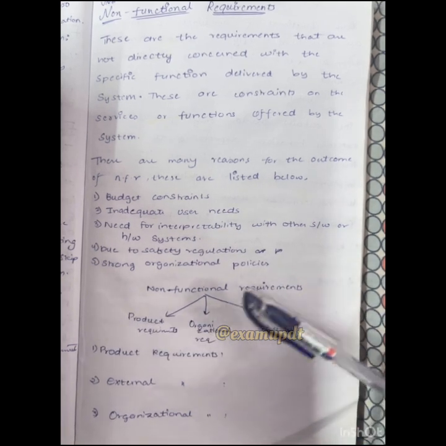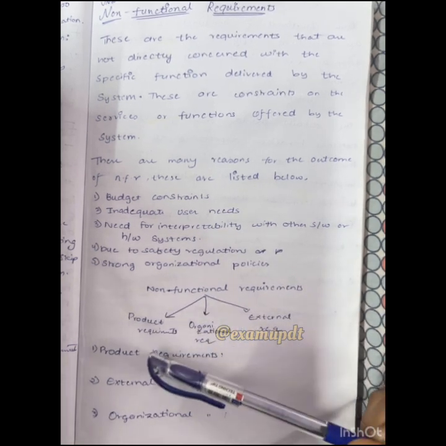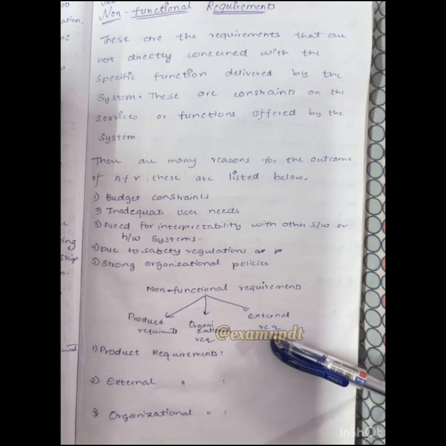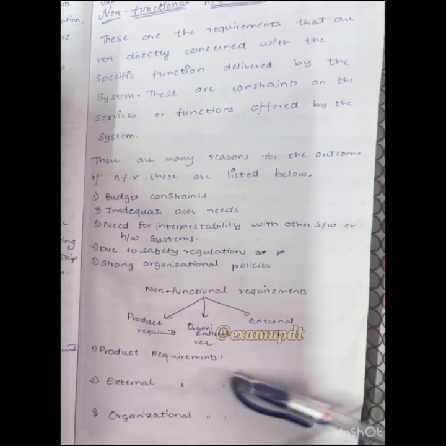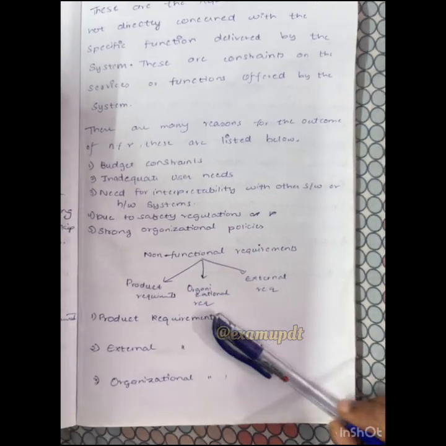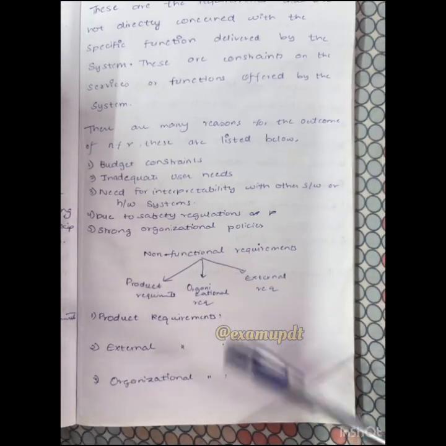So in non-functional requirements we have three types. One is product requirements, organizational requirements, and external requirements. So product requirements, in this case we supply the behavioral aspects of the products.